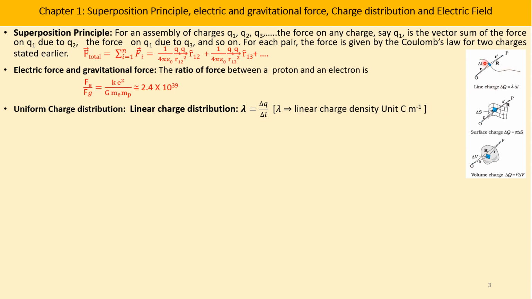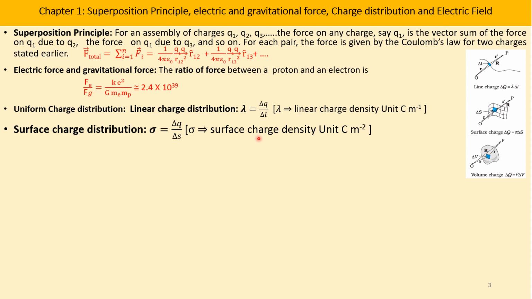So for linear charge, charges are distributed over the length of wire, and we define the linear charge distribution represented by the Greek letter lambda equal to delta Q by delta L. Here lambda is the linear charge density and its unit is coulomb per meter. L is in meter, Q is in coulomb. So it is called linear charge distribution and linear charge density.